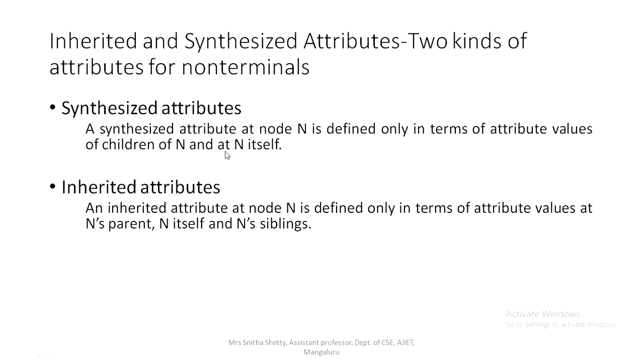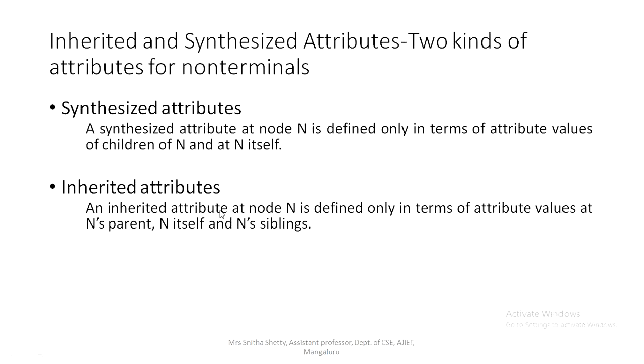A synthesized attribute at node n is defined only in terms of attribute values of the children of n and at n itself. It is derived from that node and is specific to that node itself.